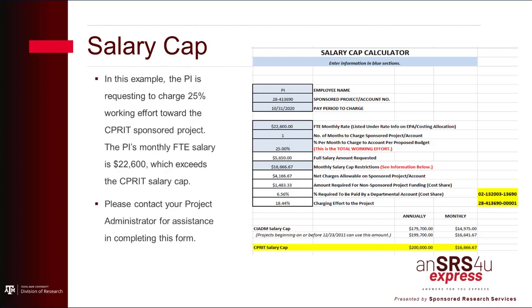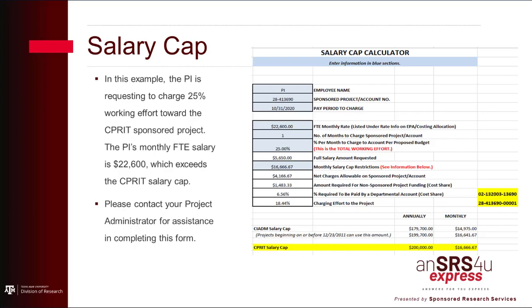And this tells us that 18.44% for that time period should be charged to the sponsored account. And then 6.56% should be charged to that departmental cost share account to make up the total 25% working effort.